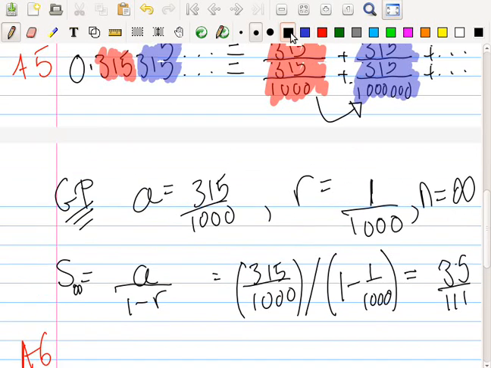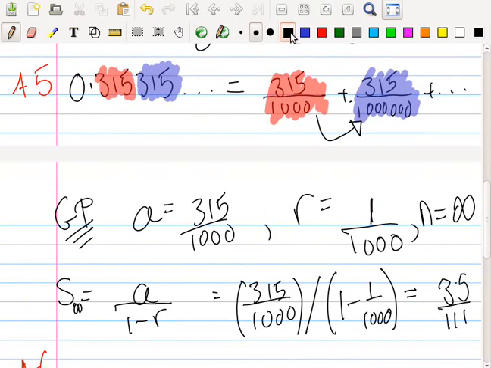Okay, let me go up there just to make sure you have a look at that and understand what I'm doing here.